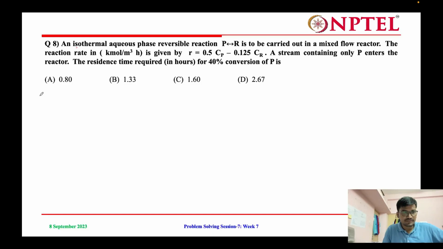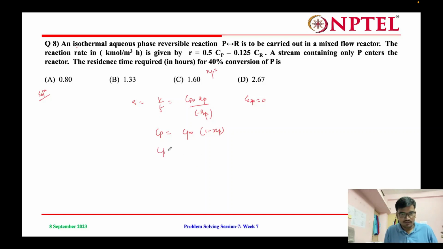So here is a CSTR. The performance equation for the CSTR is tau equal to Cp naught Xp by minus Rp. This is a liquid phase, so epsilon P equal to 0. So Cp equal to Cp naught times (1 minus Xp), and Xp is 40%.